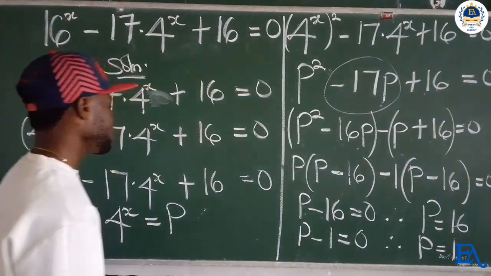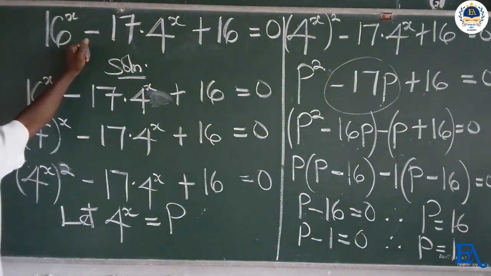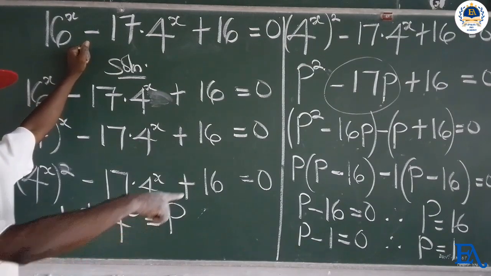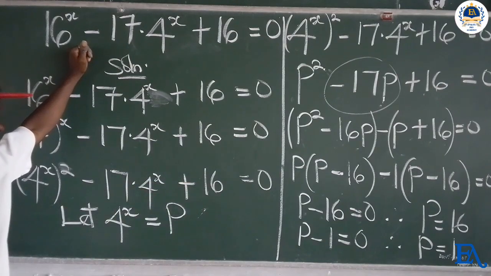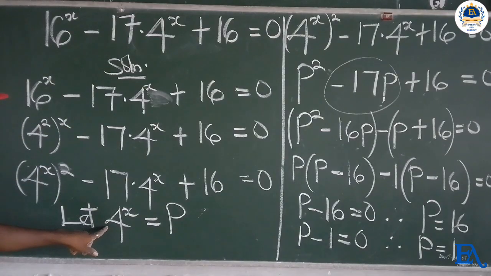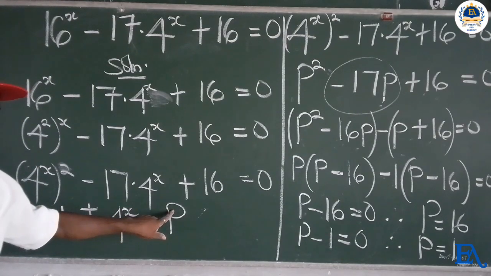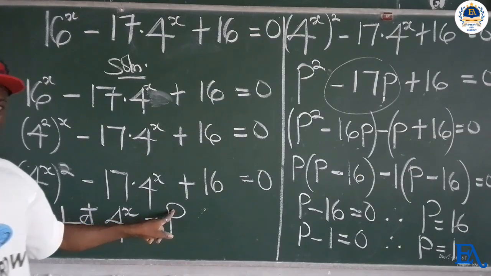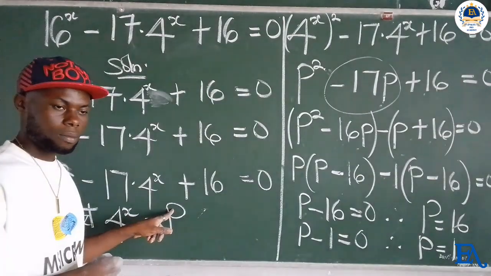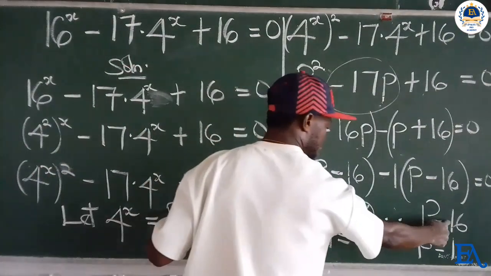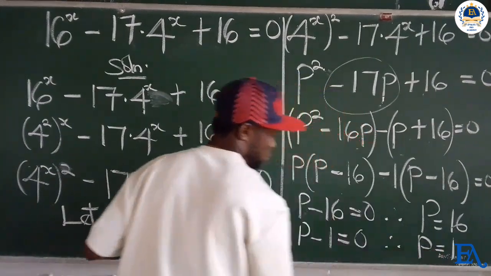Okay, this is not the final result because we were required to find the value of x and not the value of p. We said let 4 raised to the power of x equal p. Now we know the value of p, that p is 16 and p is also 1.